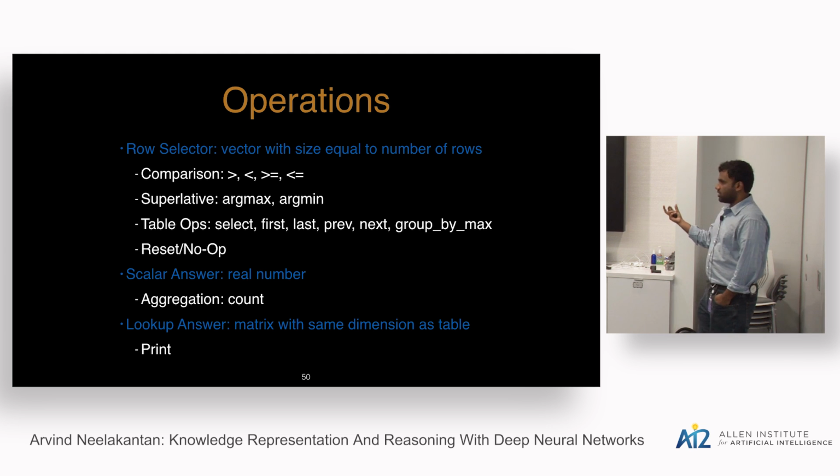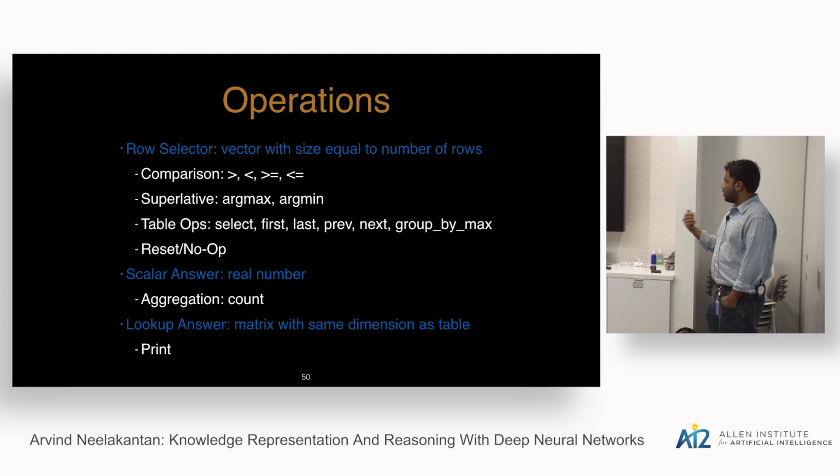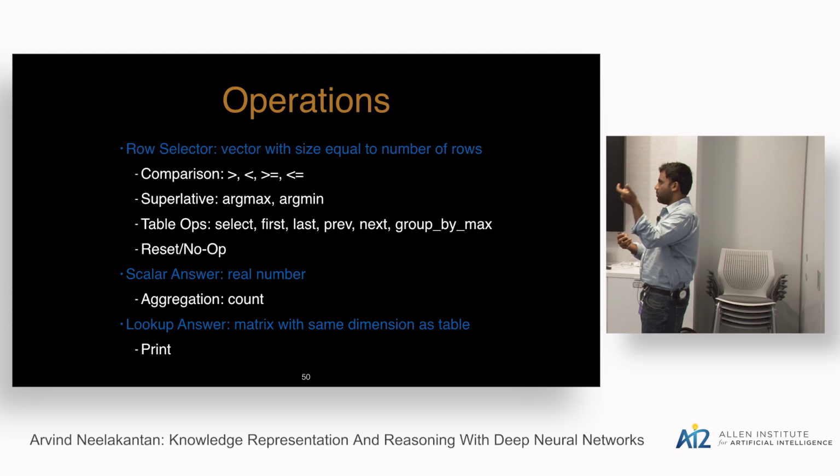Then the scalar answer stores output for number questions, and the lookup answer stores output for lookup questions. The lookup answer is a matrix in the same dimension as the table, and each entry is a probability that that entry is part of the final answer.